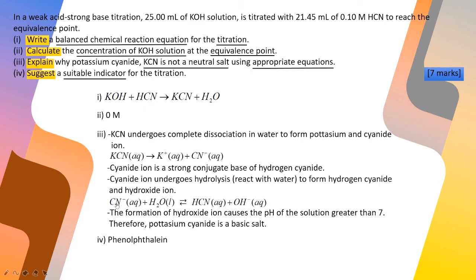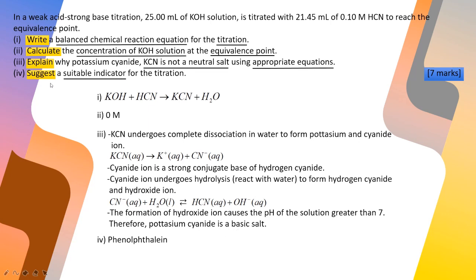The equation is CN minus aqueous plus H2O liquid, reversible arrow, HCN aqueous plus OH minus aqueous. The last point is: the formation of hydroxide ion causes the pH of the solution to be greater than 7. Therefore, potassium cyanide is a basic salt.